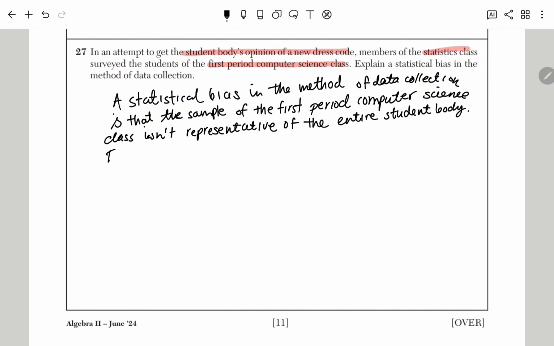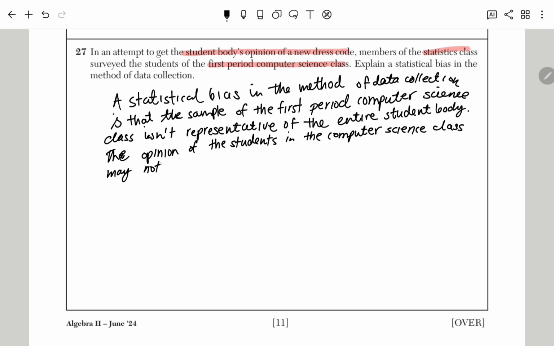We can add that the opinion of the students in the computer science class may not be reflective of the opinion of all the students.